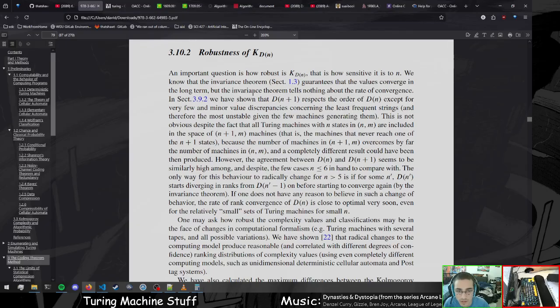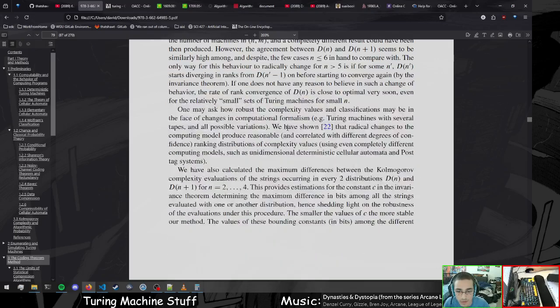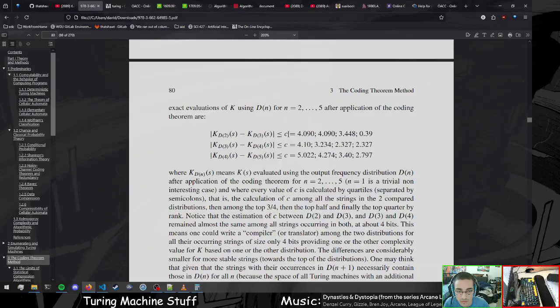Robustness, how sensitive is it to N? Yeah, I don't know. Oh, so they calculate values. So they calculate C actually to be around like 5. It's like between 4 and, well, here it was like 2 almost.